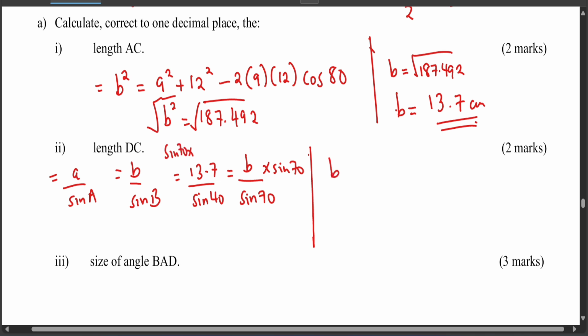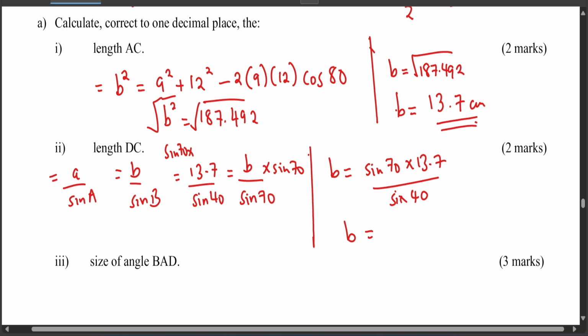So your B is given by sine 70 times 13.7 divided by sine 40. Now also our B is how much? So just take 13.7 times sine 70 divided by sine 40.